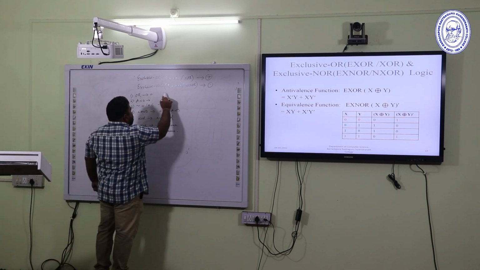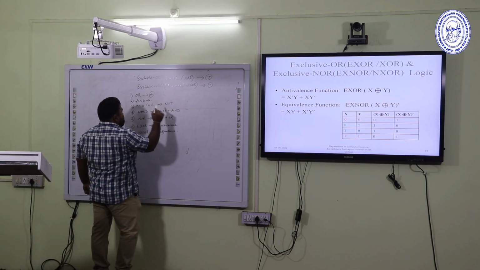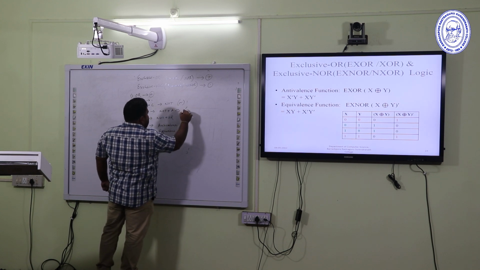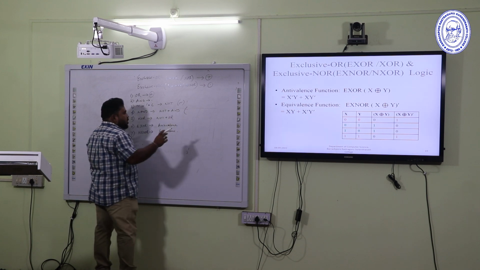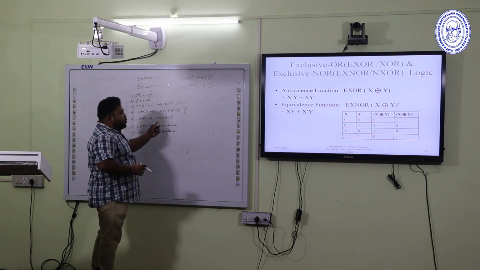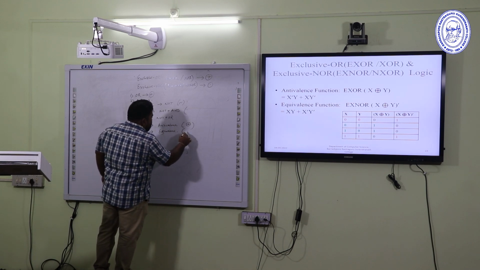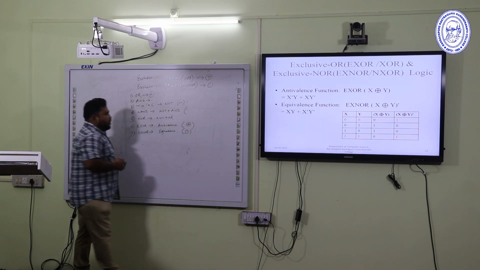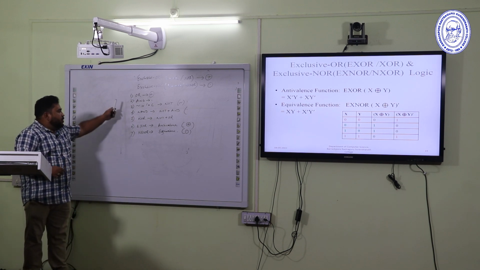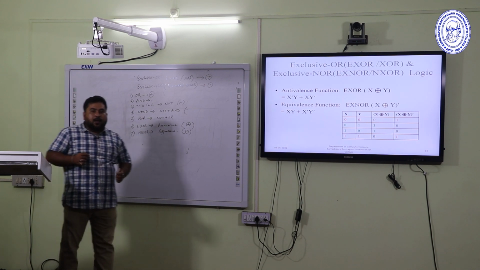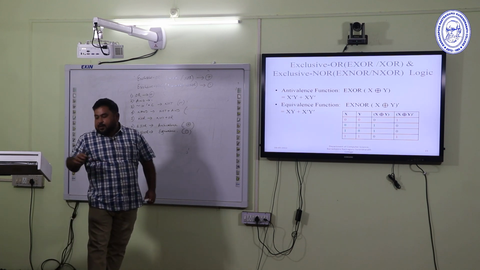So this operator is plus, this is dot, this NOT means complement, and NAND means whole prime, NOR means whole prime of the sum of two ORs, antivalence means XOR, and equivalence means XNOR. So these are the 7 Boolean functions which will be applicable in our further sections.